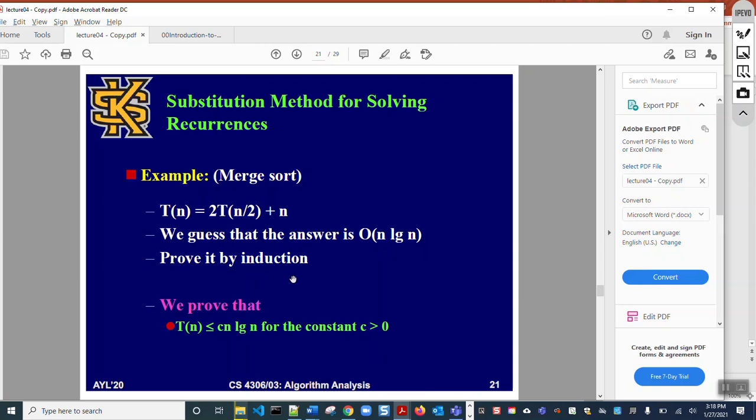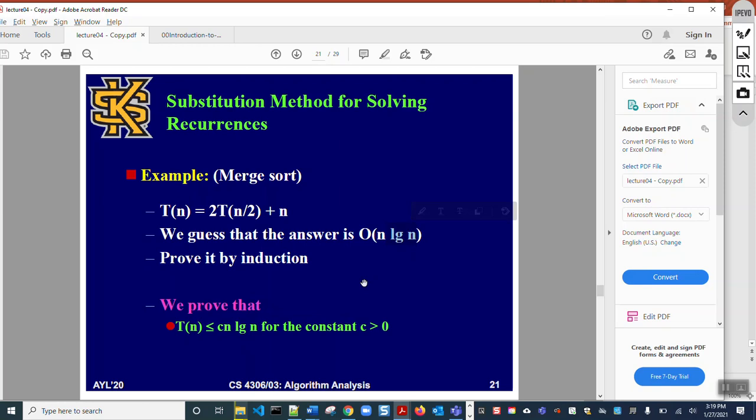If we can prove that T(n) is less than or equal to C n log n, initially what we thought was that our result will be n log n, right?